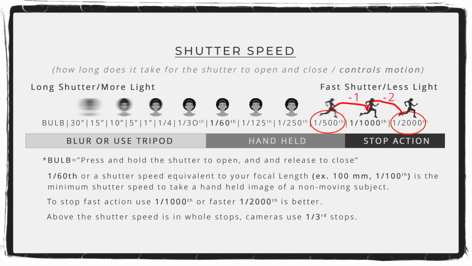Now it becomes a little bit more difficult, so we're just going to do a 2-stop adjustment just to make it easier. If we have a 2-stop difference, let's say we go from a 500th of a second to 2,000th of a second, that's 2 stops. Our shutter speeds on a camera adjust in third-stop increments. So each whole stop is actually 3 clicks on the camera.